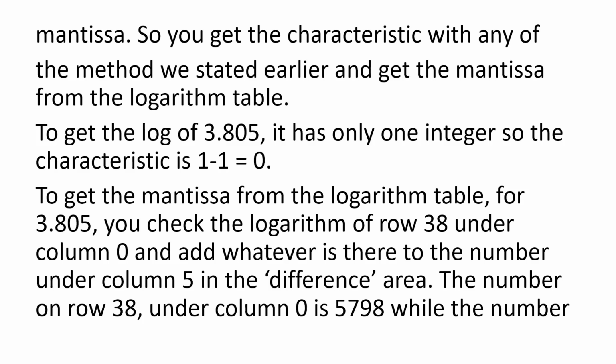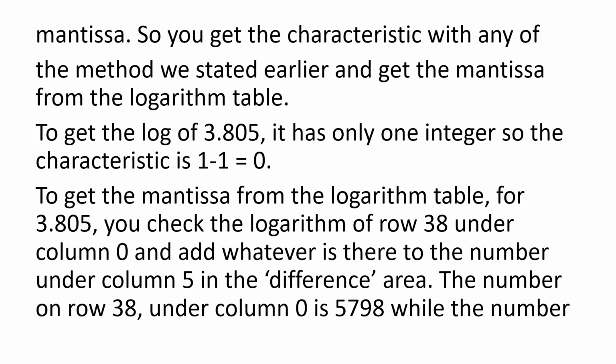To get the log of 3.805, it has only one integer, so the characteristic is 1 minus 1 is equal to 0. To get the mantissa from the logarithm table for 3.805, you check the logarithm of row 38 under column 0 and add the number there to the number under column 5 in the difference area.